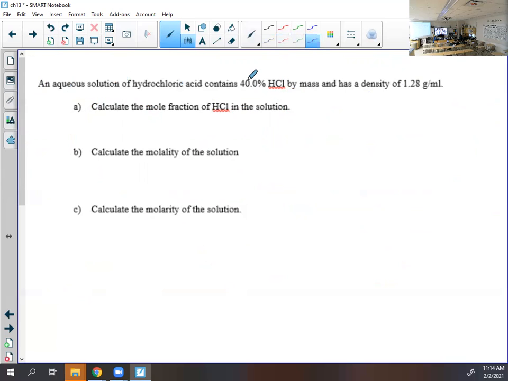So let's change it to 40%, and then we'll change the density to 1.09. I should be back soon, but you try to find the mole fraction, the molality, and the molarity of the solution based on the same thing that we just saw.